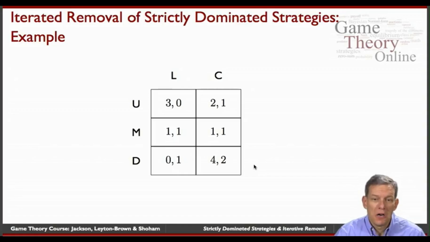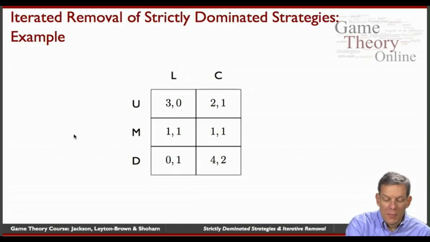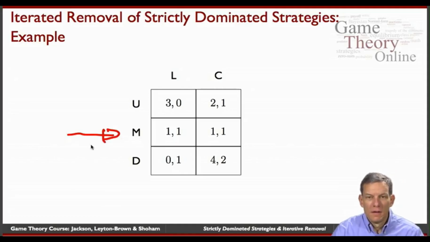So now there's no strict domination any longer for the column player, because the column player is actually indifferent between left and center if the other player plays middle. But one thing we do notice here is that the middle strategy of the row player is now dominated, right?